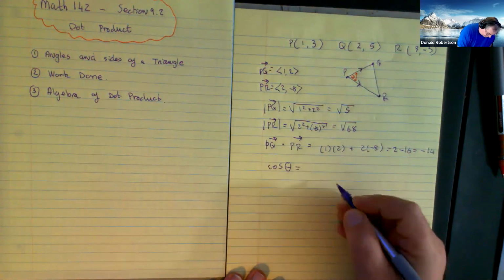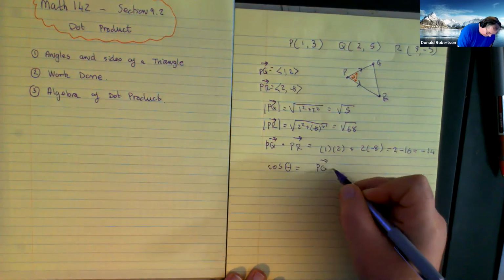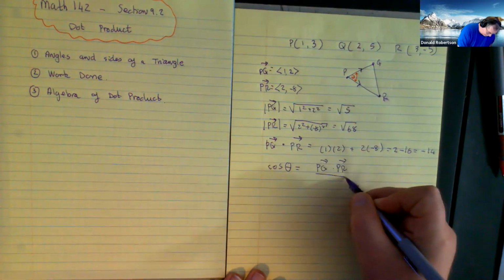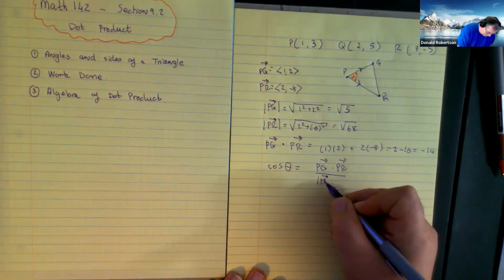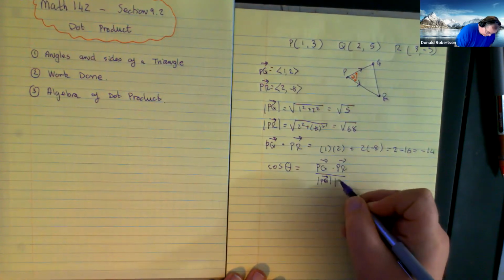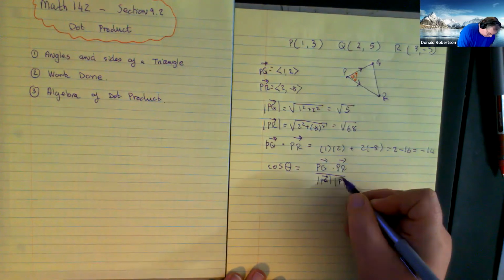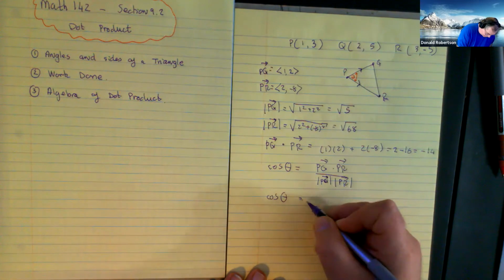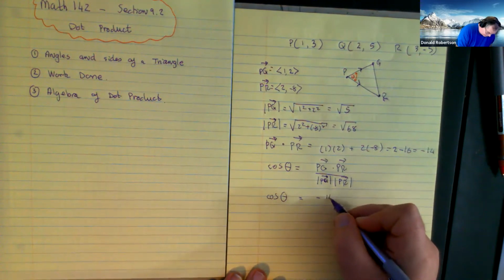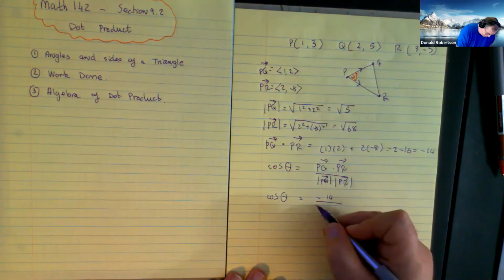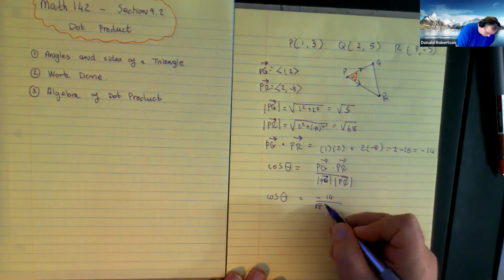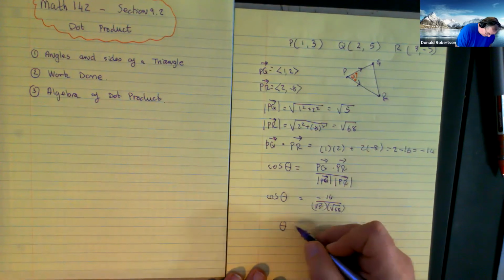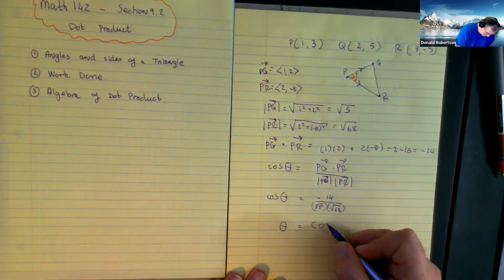It's the dot product divided by the 2 magnitudes. So the cosine of the angle between them is going to be -14 over square root of 5 and square root of 68. And so to get theta, we just take the inverse cosine of this ugly fraction.